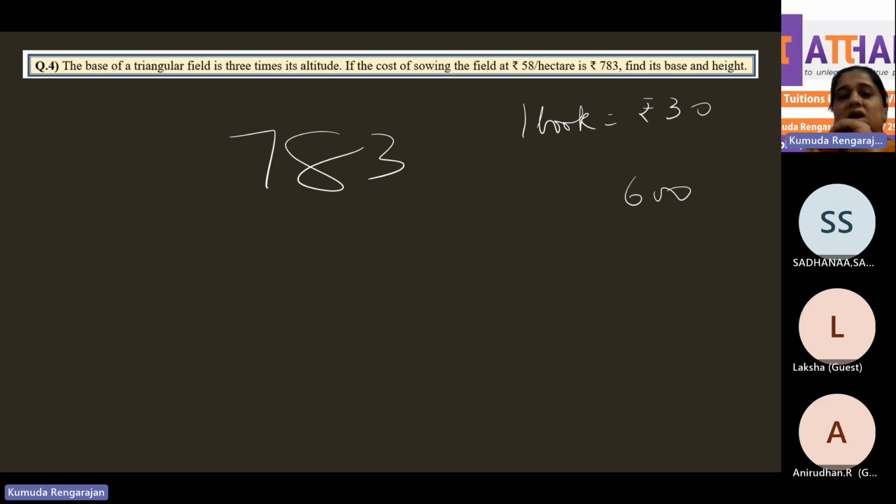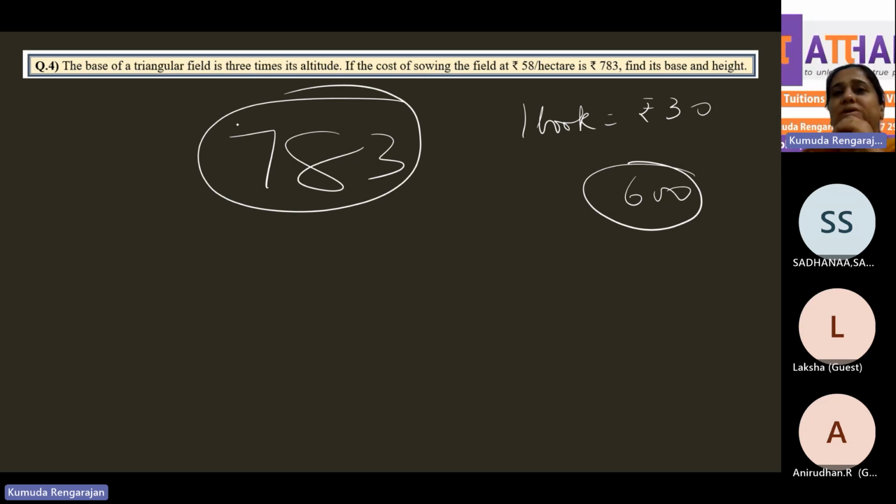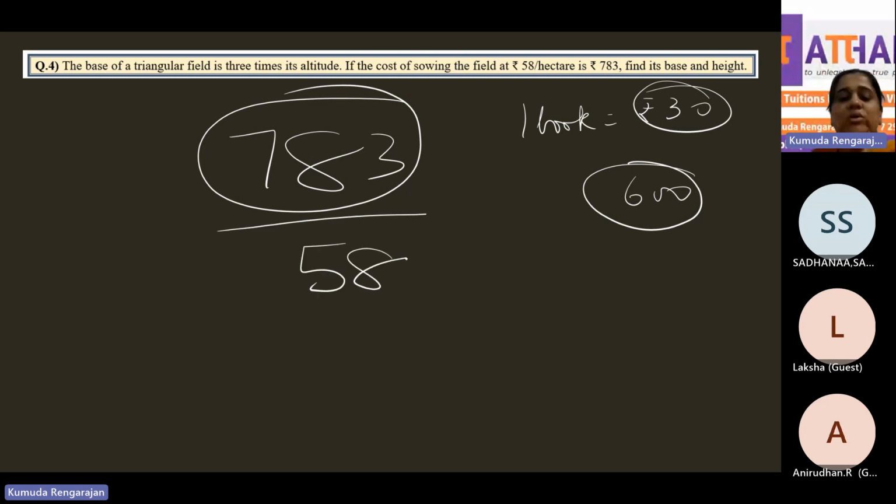In the same way here, you have spent 783 rupees. Here 1 hectare is 58 rupees. So when you divide 783 by 58, you will get the number of hectares, like you get the number of books here.